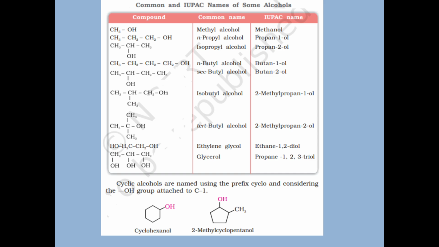Fourth is n-butyl alcohol or butanol. Fifth is sec-butyl alcohol or butan-2-ol. Next is isobutyl alcohol or 2-methyl propan-1-ol. Next is tert-butyl alcohol, 2-methyl propan-2-ol.